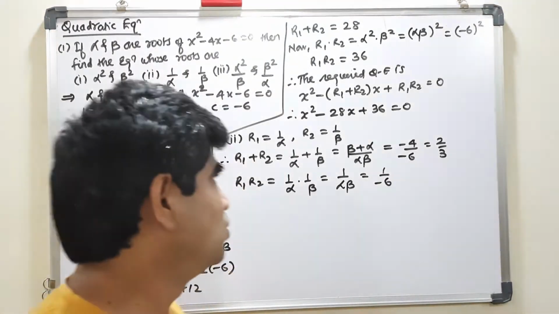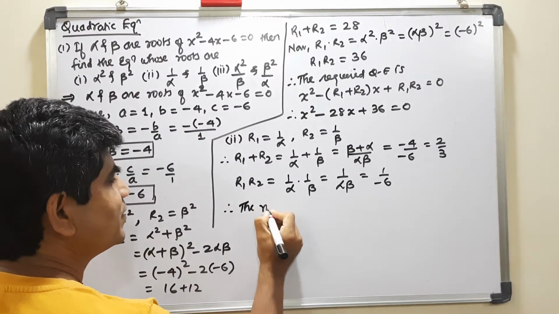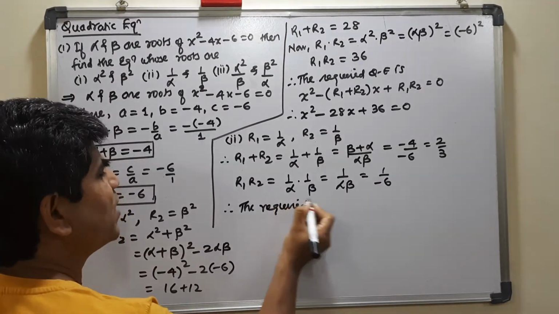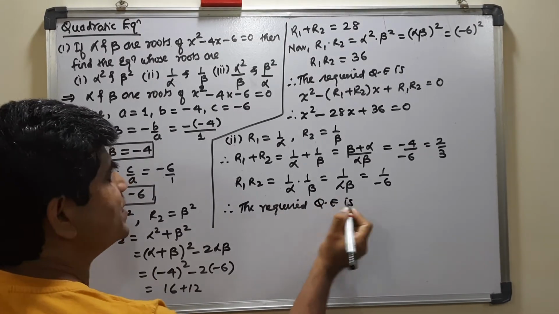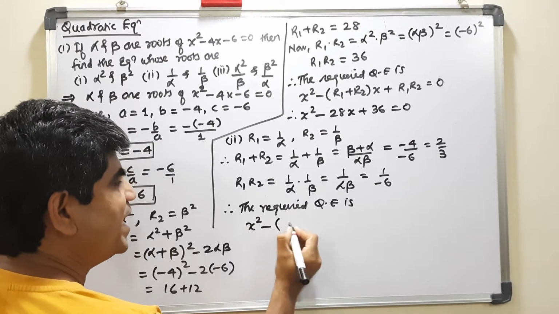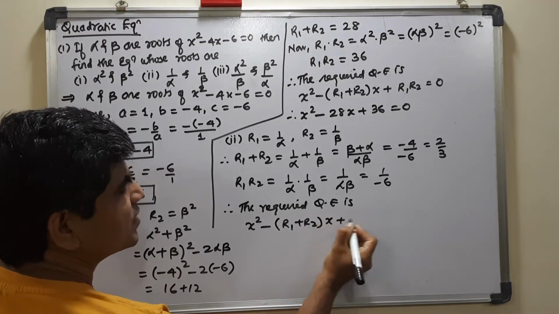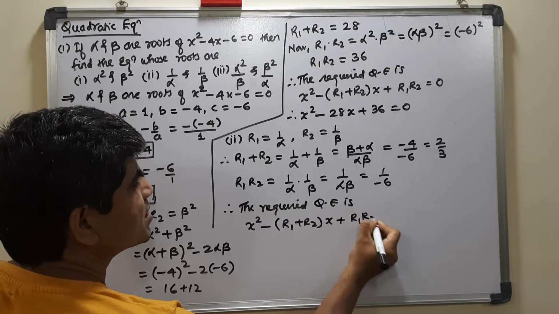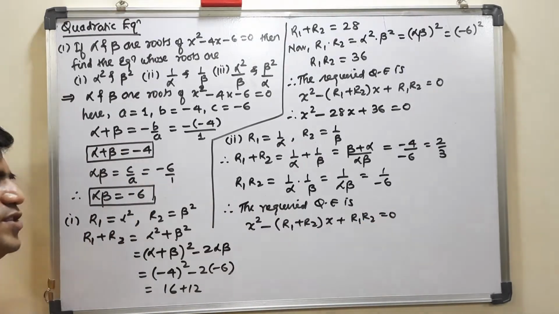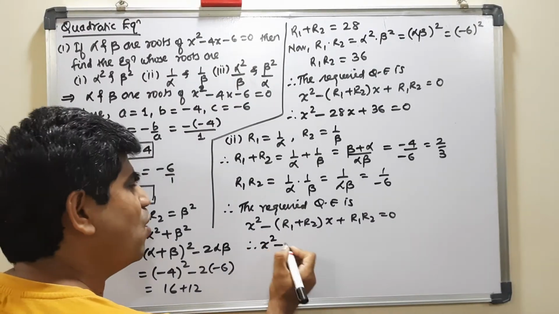Right? So obviously the required quadratic equation is x square minus (sum of roots) into x plus product of roots is equal to 0. Now what is your sum of roots which is obtained now?